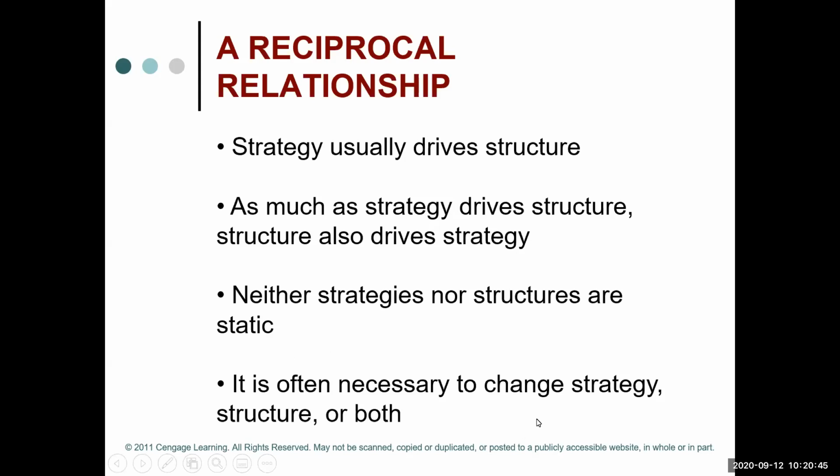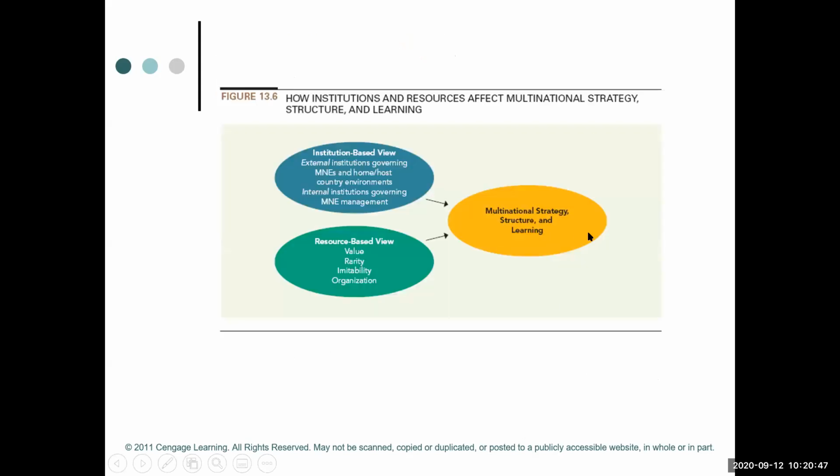And coming back to your fundamental frameworks, the institution-based and the resource-based, right? Both of them have a heavy impact on the way your organization is structured, the way you formulate your strategy, and the way you learn from whatever you are doing and then implement it, continuously improving it.